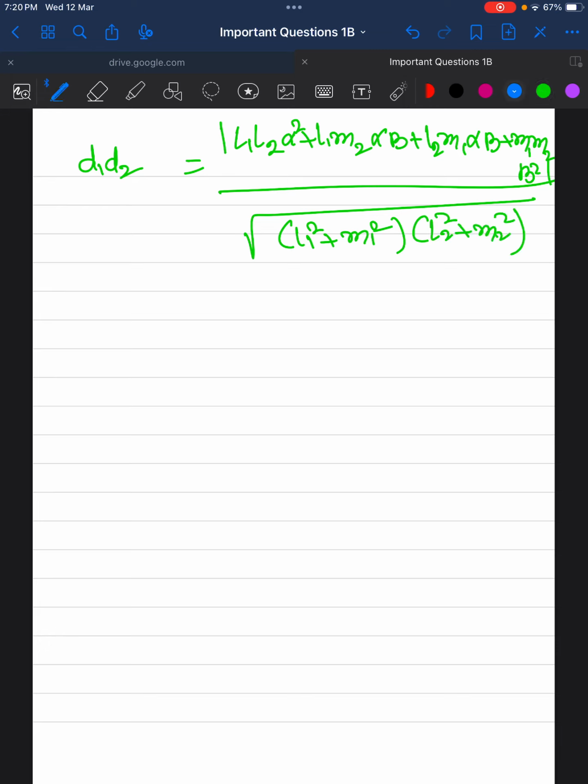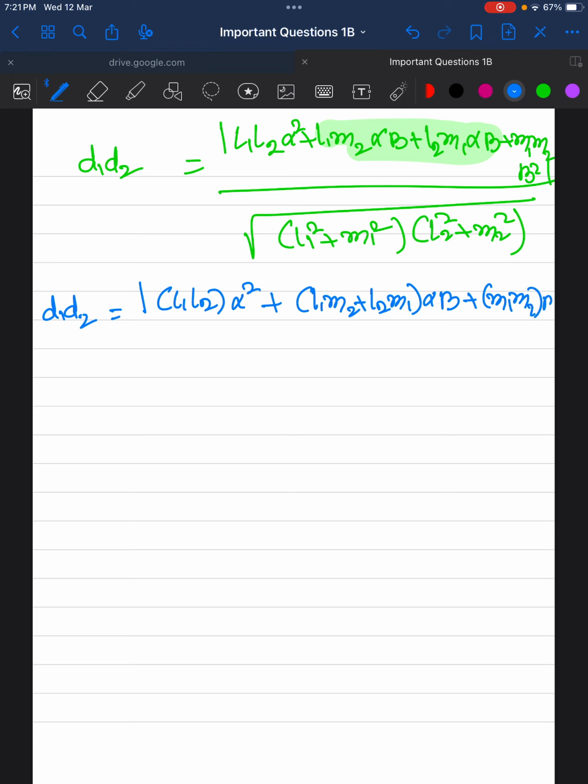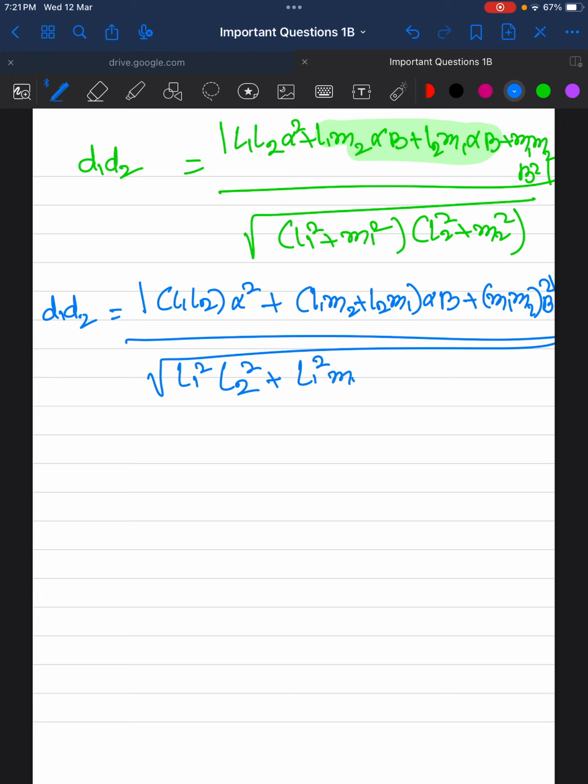Is it clear? Next, d1 d2 is equal to modulus of, all of you carefully observe, L1 L2 into alpha square is there. Next two terms are similar, L1 M2 alpha beta and L2 M1 alpha beta, so I am writing L1 M2 plus L2 M1 into alpha beta. Next one is M1 M2 beta square, by root of multiplication, L1 square L2 square, L1 square M2 square plus L2 square M1 square plus M1 square M2 square in the denominator.